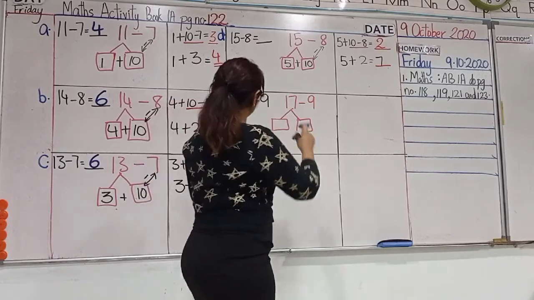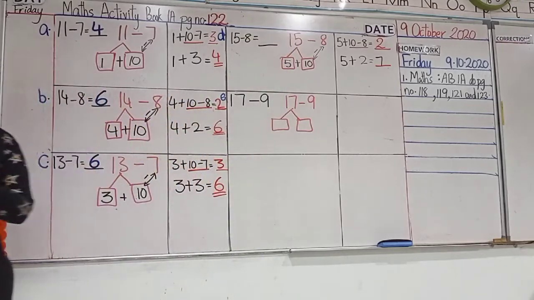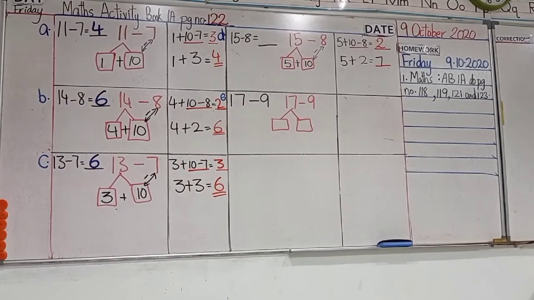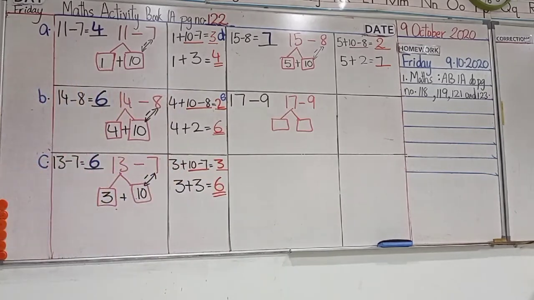Backward count. Did you get 7? 15. Okay? Next.